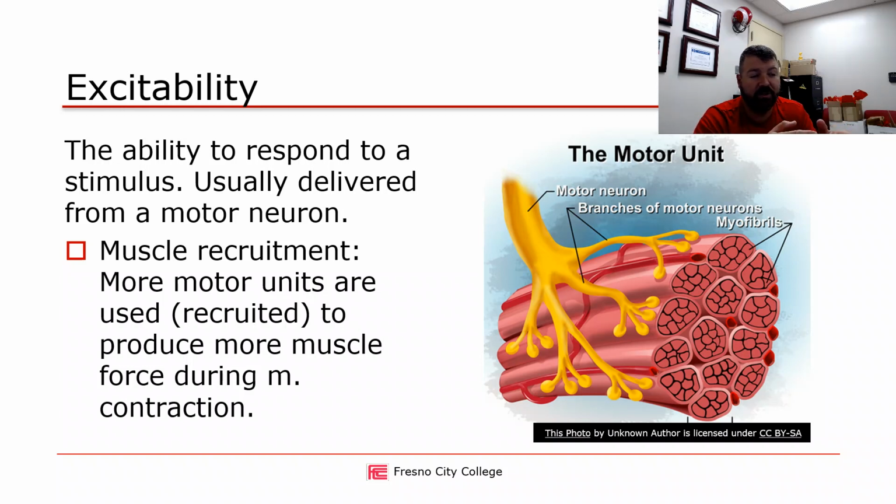Okay, so in the picture here on the right, that is a motor unit. So motor neurons, or that nerve that innervates muscles, come out and then branch out to all the different muscle fibers in that motor unit. That motor unit can vary from 300 muscle fibers to 2,000 to maybe even greater. And the pros and cons to the different sizes is usually the smaller the motor unit, the more sensitive or precise the task is.